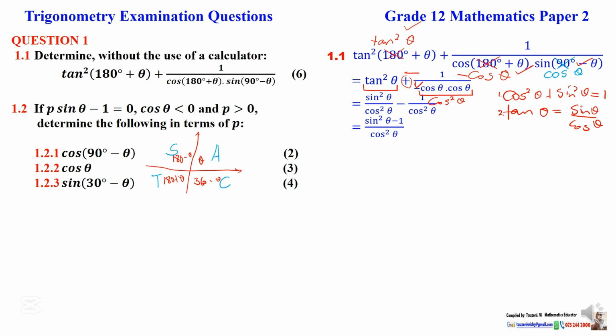Then I want you to notice something from the first identity that we've mentioned. Now, in this identity, if we transpose the sine squared theta to the right hand side, we get cos squared theta is equal to 1 minus sine squared theta.